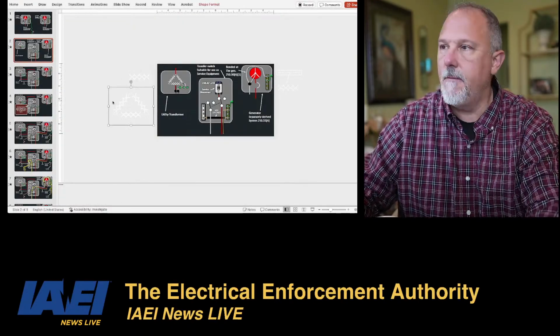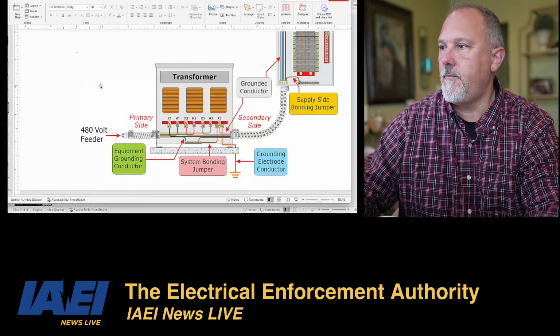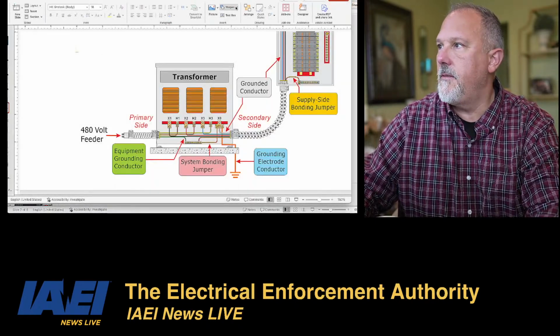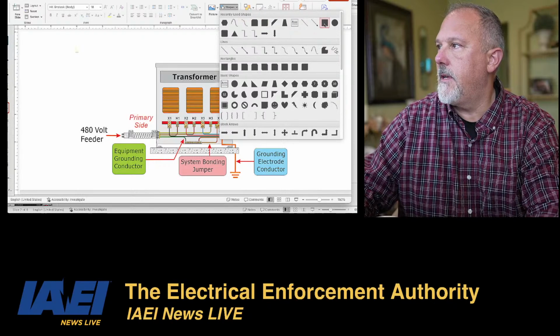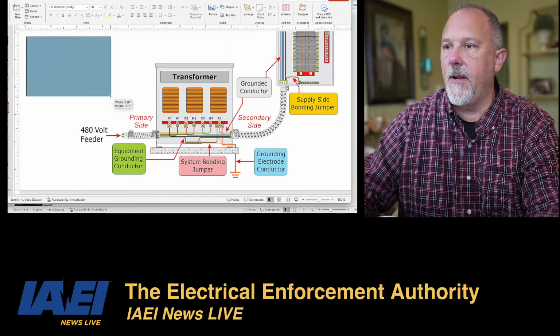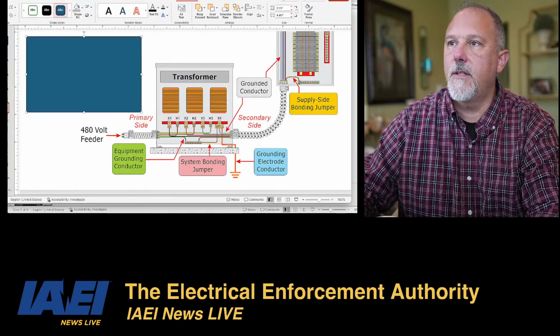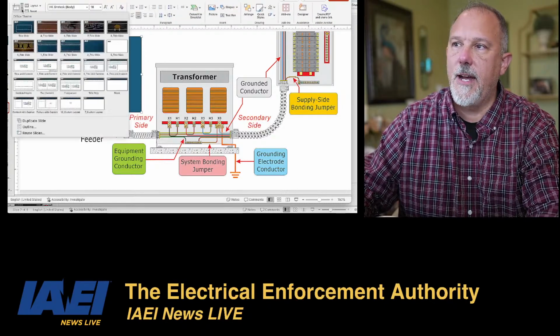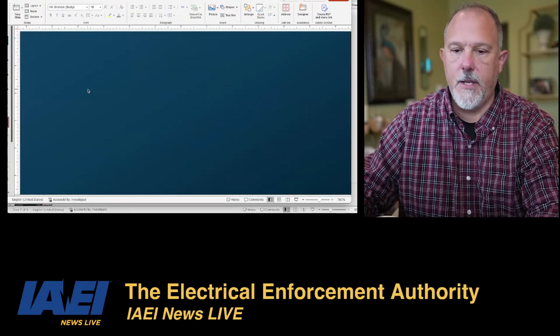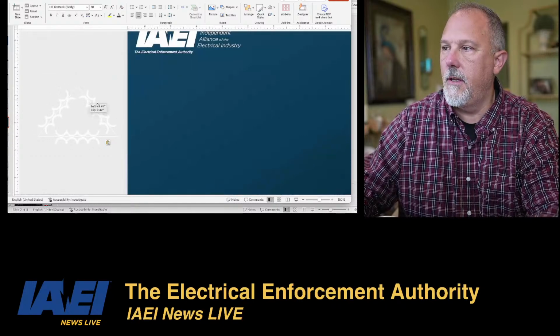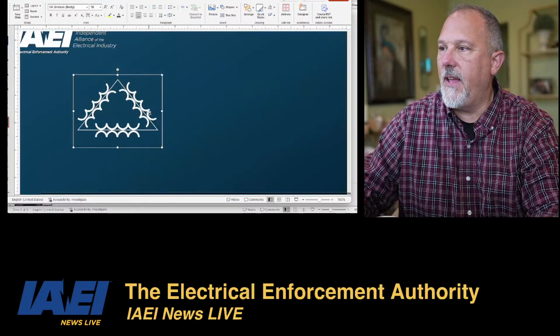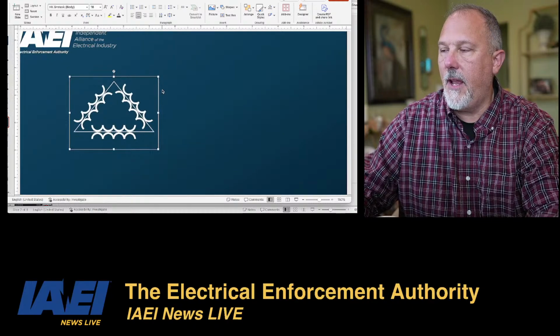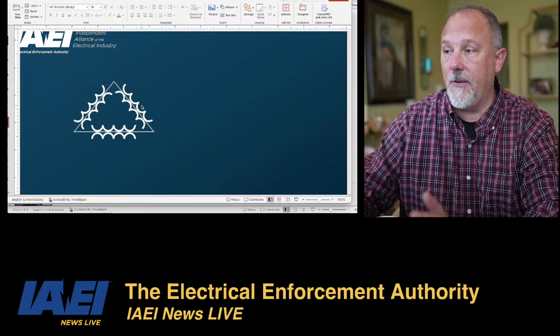Here's a delta. Let's do this shape. I need a darker background. Home, new slide, Control V. So I have a delta primary, and then I have a Y secondary.